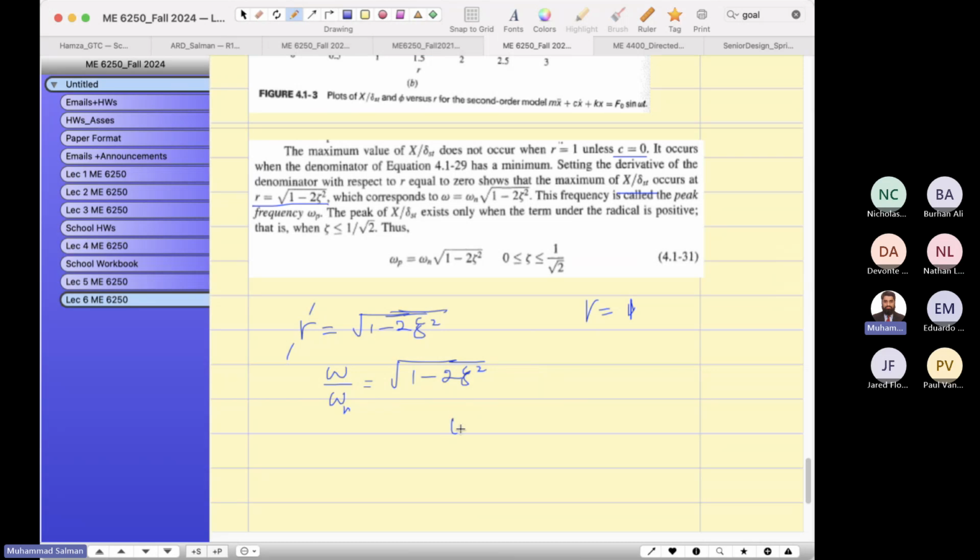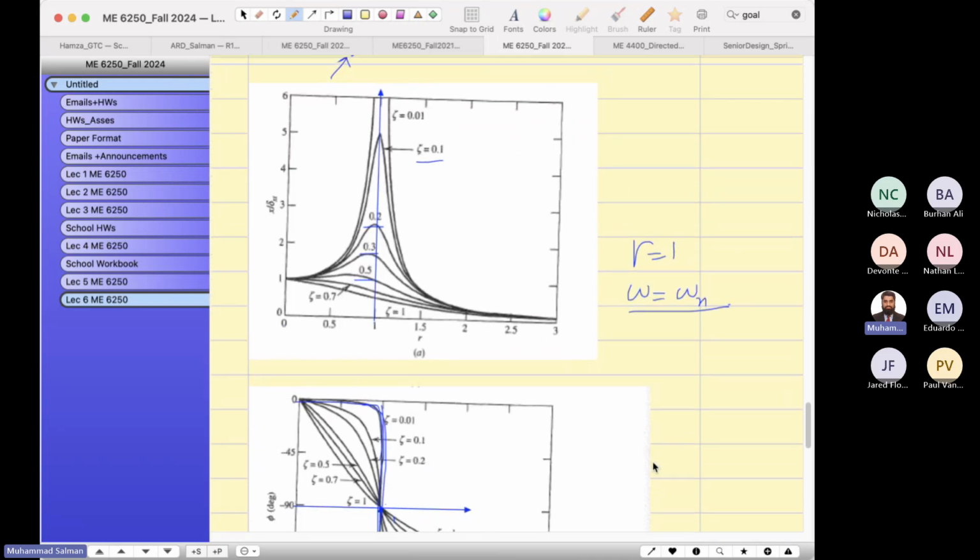And what is that? The peak frequency is a little bit smaller than the natural frequency, as you can see, 1 minus something. If you have zeta like 0.2, 0.5, omega peak is not the exact natural frequency when you are using the damper. In the damper case, omega peak is a little bit smaller.